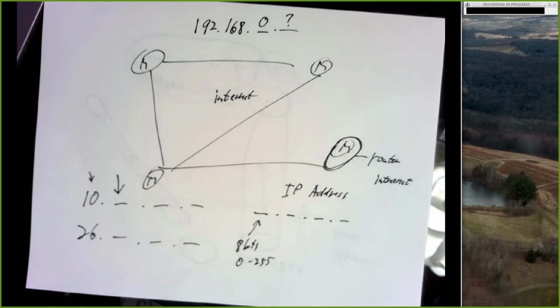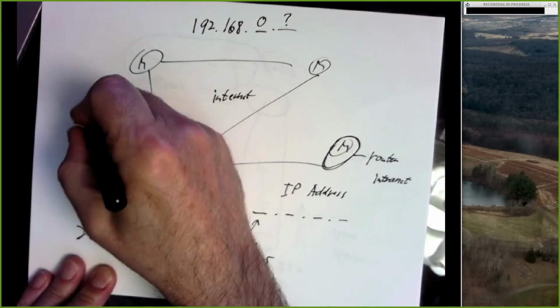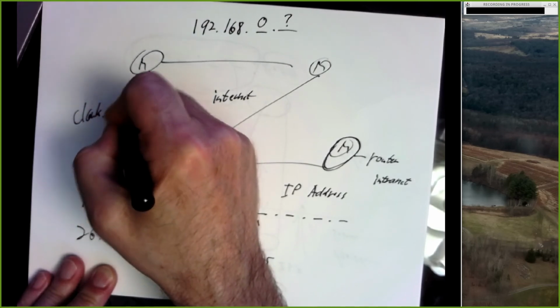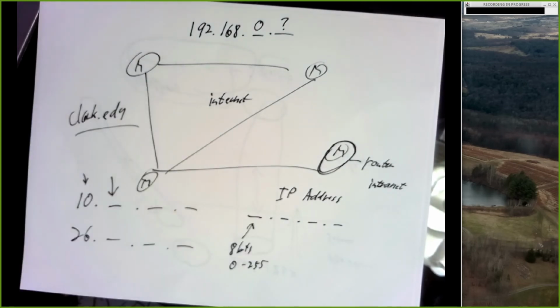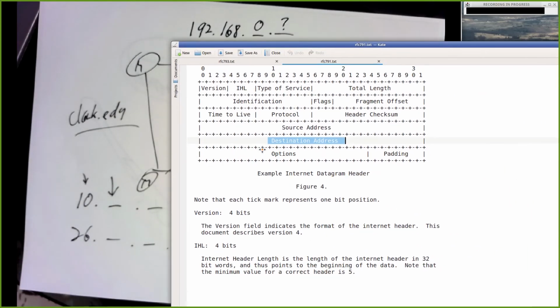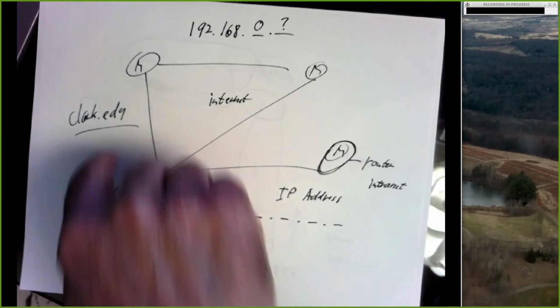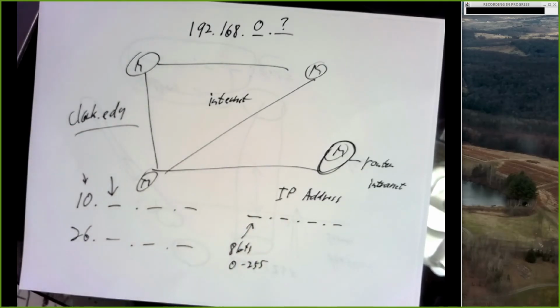Another question is, if I try to connect to clark.edu, what's the IP address of that? Because these addresses are 32-bit binary numbers, something needs to resolve that name into an address. So there are domain name servers, DNS servers, that manage name resolution.